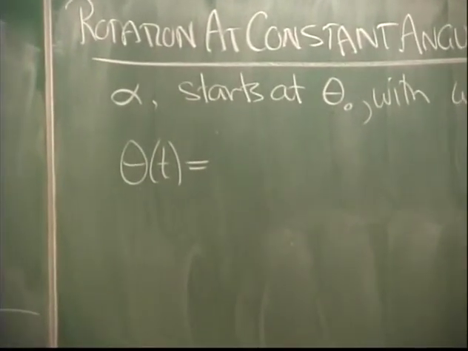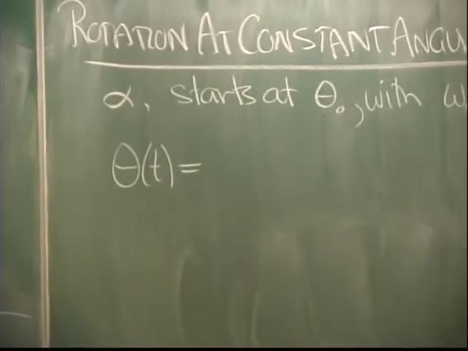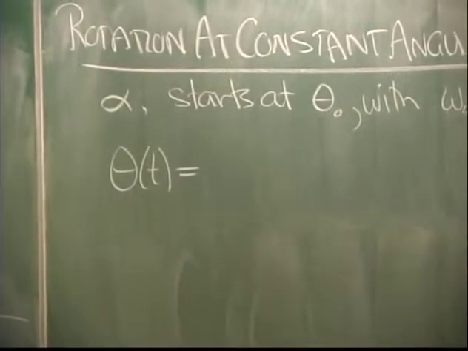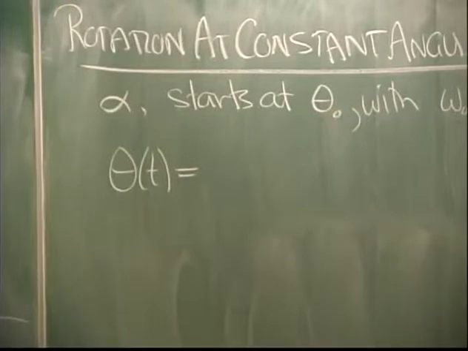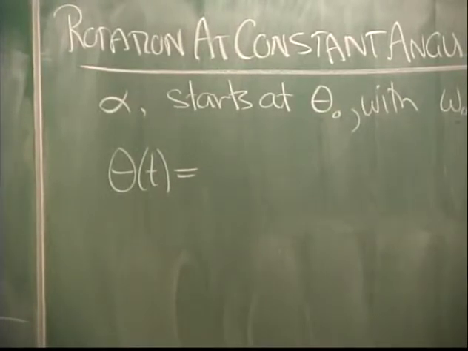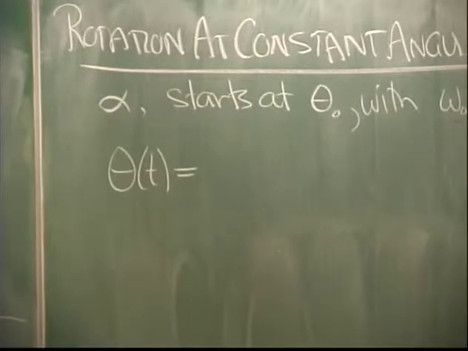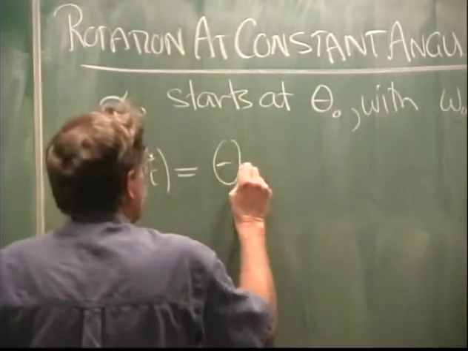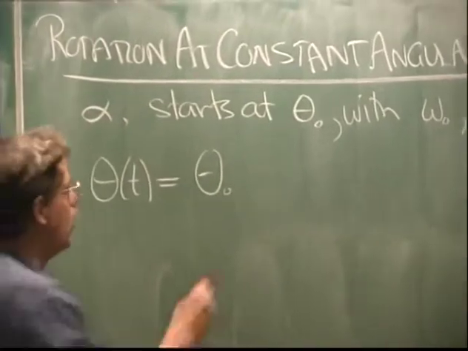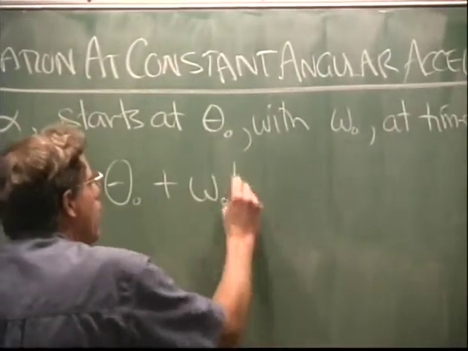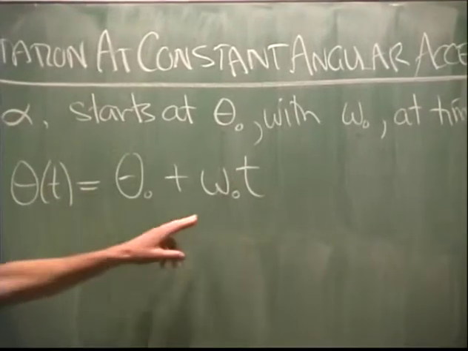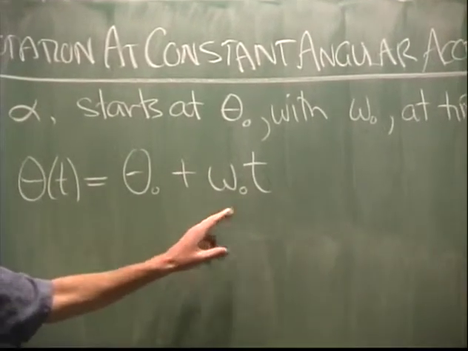Not dredging that up from memory, but just think what it's got to be, because this is exactly the same problem that we confronted with translational motion. Only, I'm going to just use a dictionary to translate x to theta, v to omega, and a to alpha. So it would be theta 0 plus the initial angle omega 0 t, the amount it would have rotated if it had kept going at that initial angular velocity.